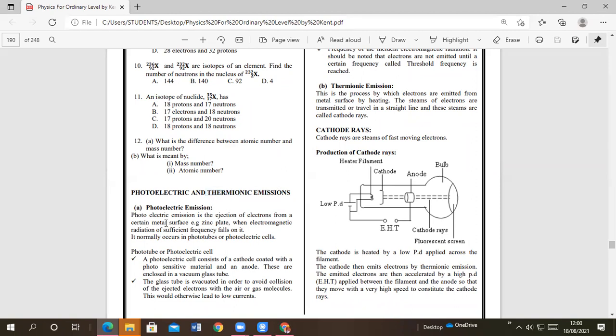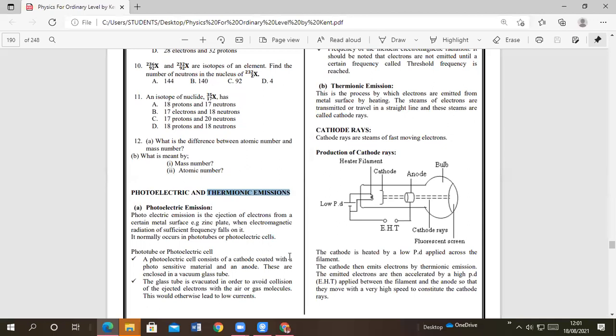Thermionic emission is the process by which electrons are emitted from a metal surface when that metal surface is heated.